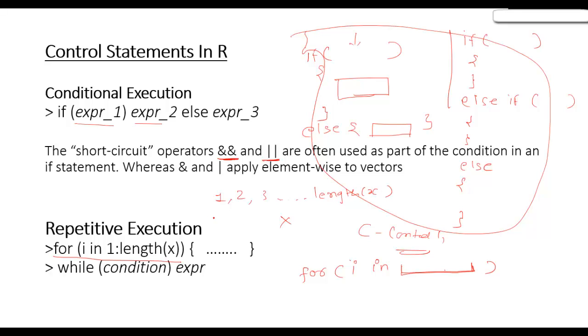That vector will be over here, and these values in the vector will be taken by i step by step, and then you can use your i inside the loop. So that's pretty much the idea of how we use for loops in R.